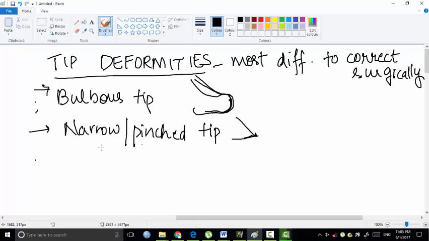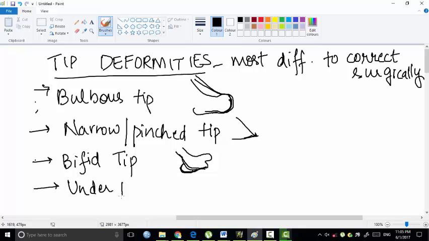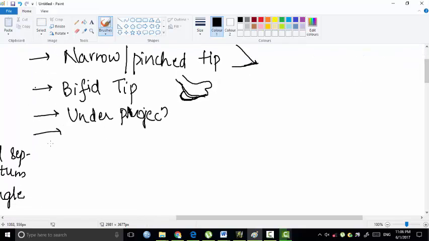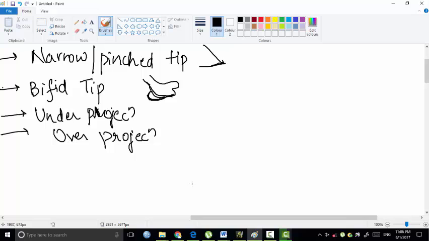It is something like this, pinch tip, or it may be bifid tip, that is, there are two tips, something like this, or it may be under projection, or it may be over projection, right? Both these may lead to tip deformities.